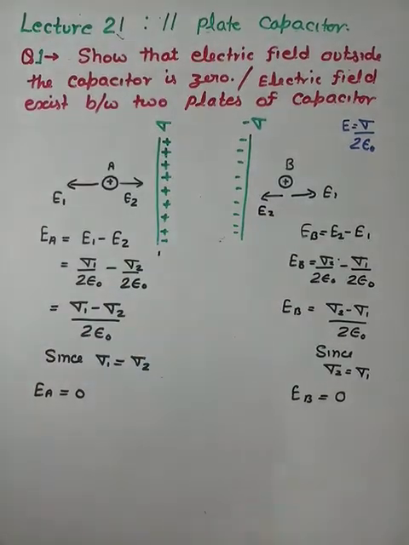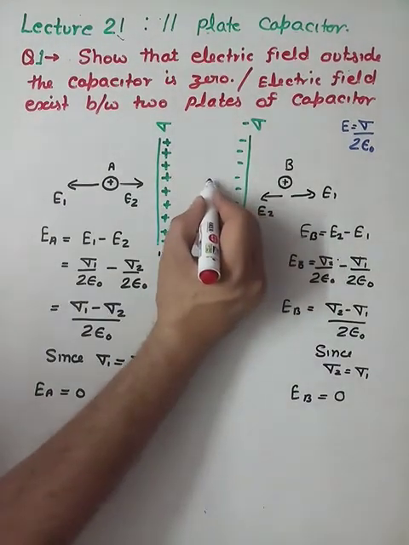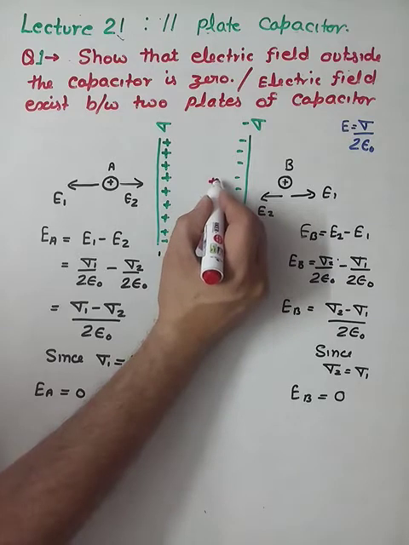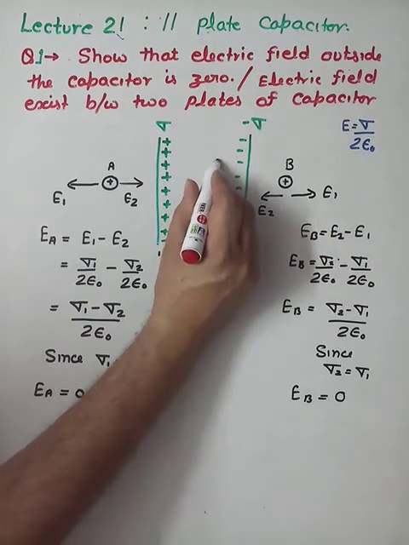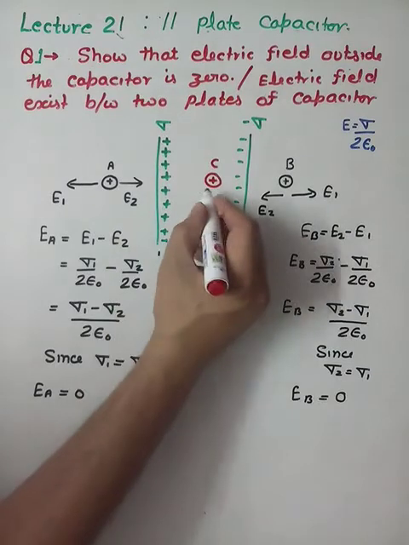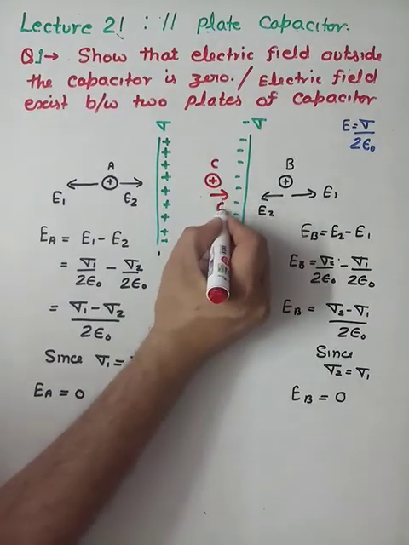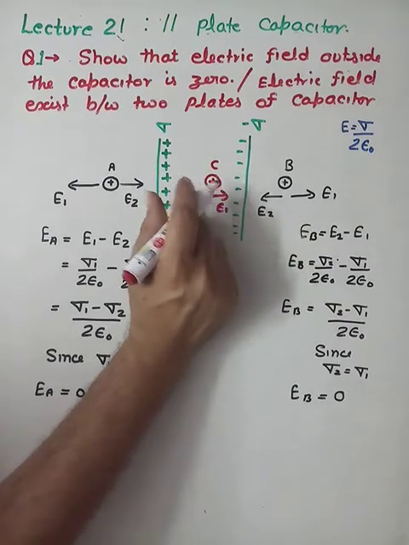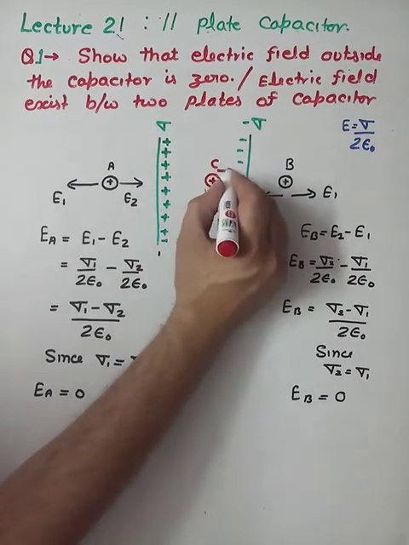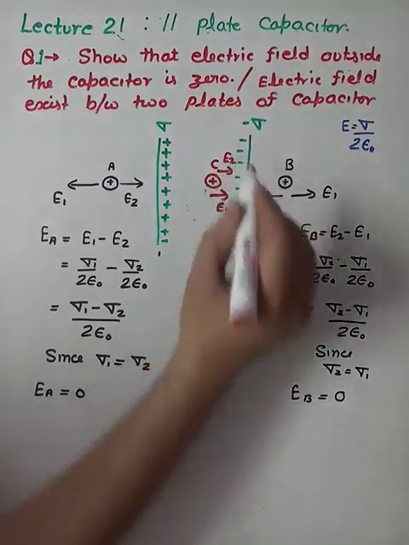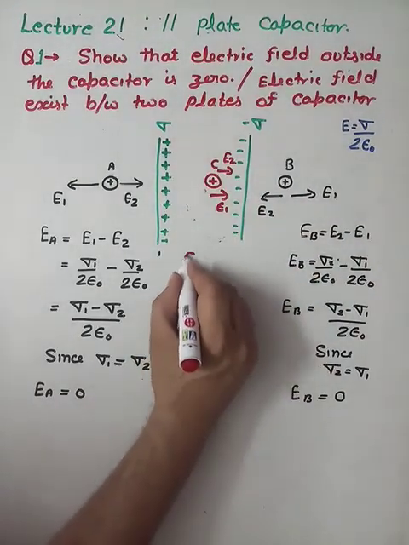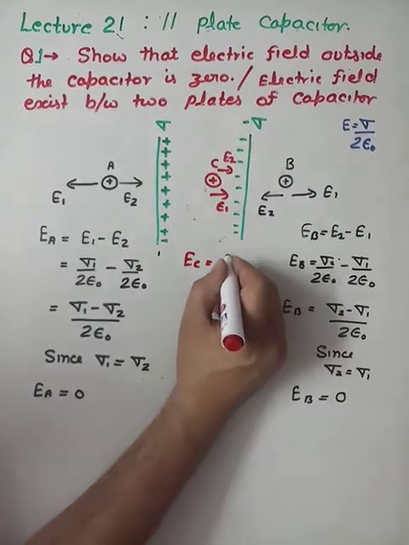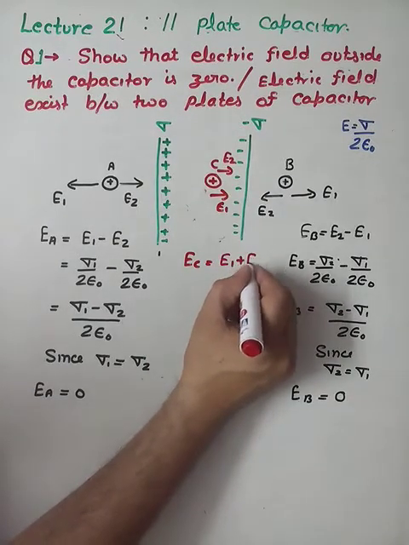Now come to the C point. At anywhere between the two plates, why do we consider any point? Because it is independent of distance. Suppose there is a unit positive charge at this C. This positive plate will repel it, we call it E1, and the negative plate will attract it, say it is E2. Therefore total field at C will be equal to E1 plus E2.